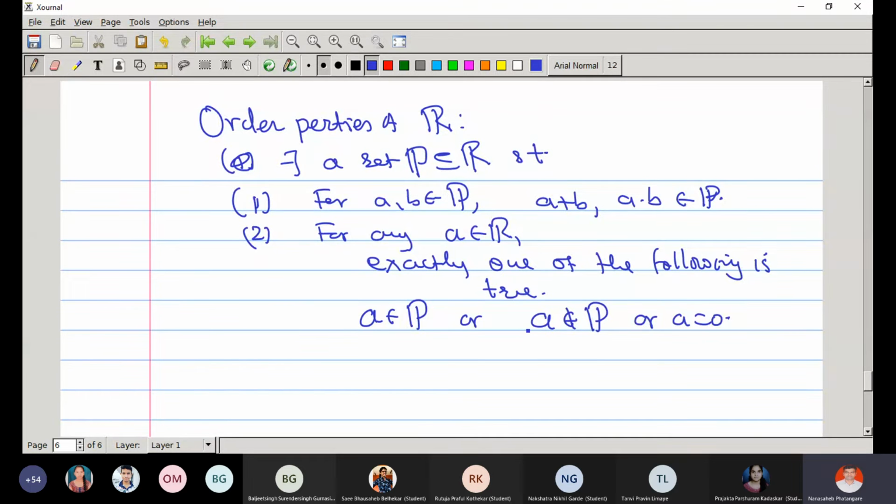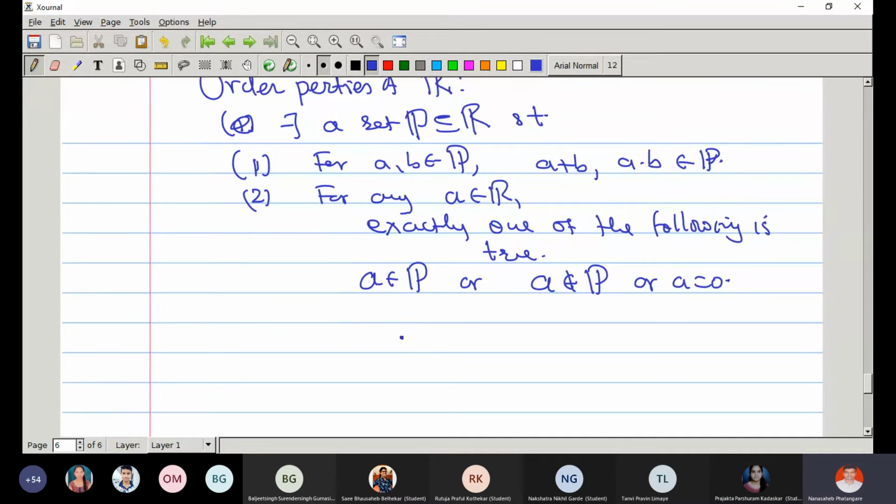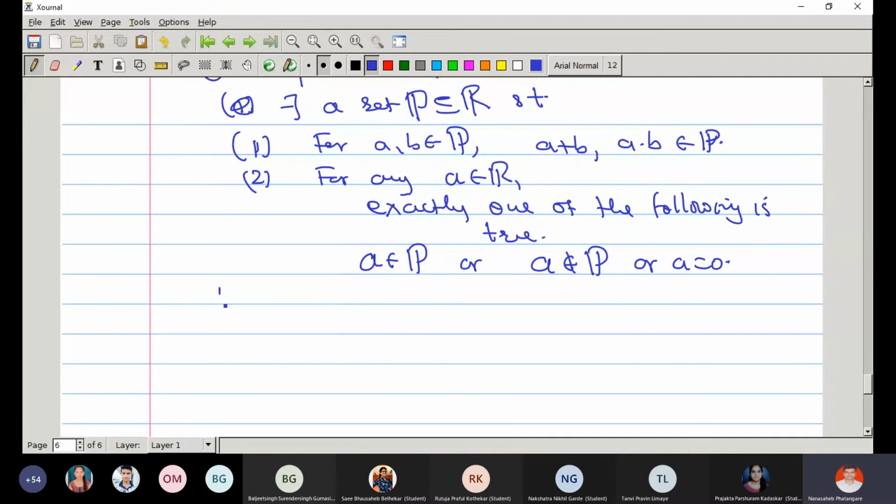Whatever real number you select, this P is called the set of positive real numbers, and the set which satisfies this property is called the positive real numbers.